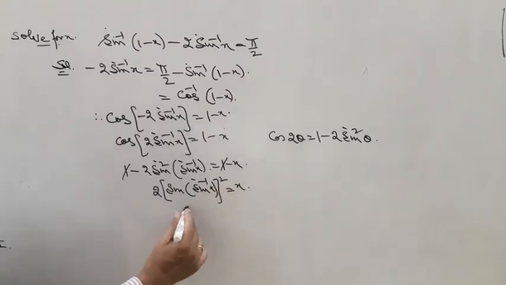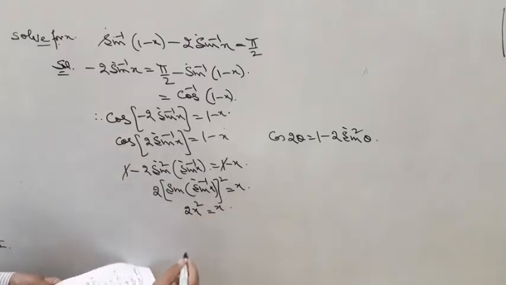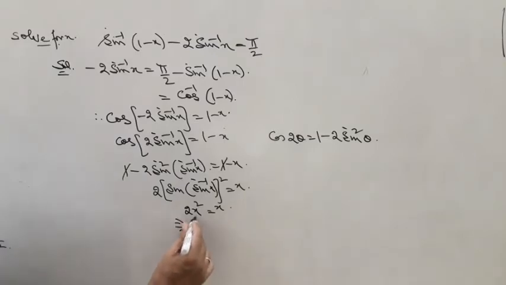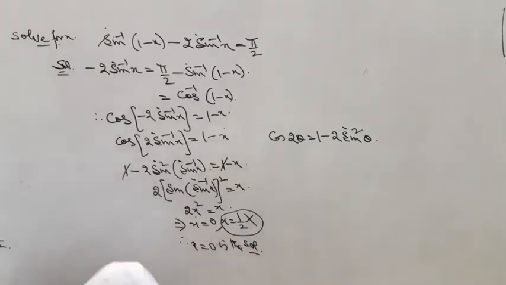That is 2x square is equal to x. Or x is 0 or x is half. X is equal to half is rejected, that will not satisfy, so this value is rejected. Therefore the solution is x is equal to 0. The value for x is given by this.